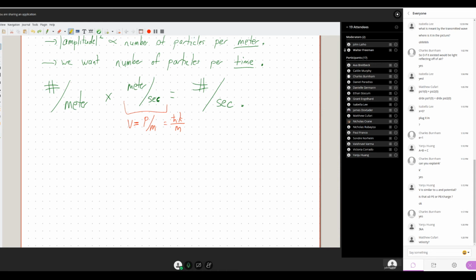So the flow of particles, people call it the particle flux. The transmitted flux is going to be equal to c squared, because that's the particle density, times v prime.